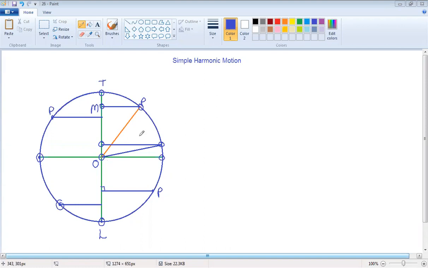Is this clear? Yes. So this is the way the point M is moving. This point M is said to be in simple harmonic motion.